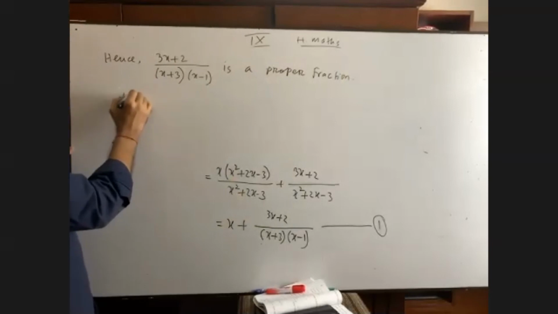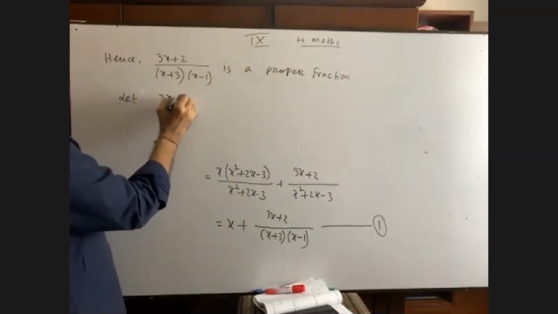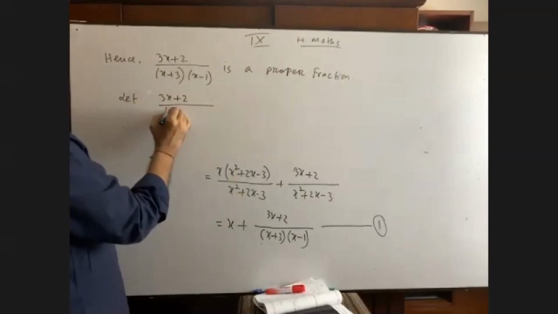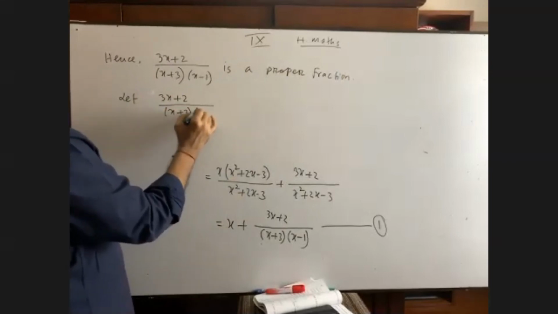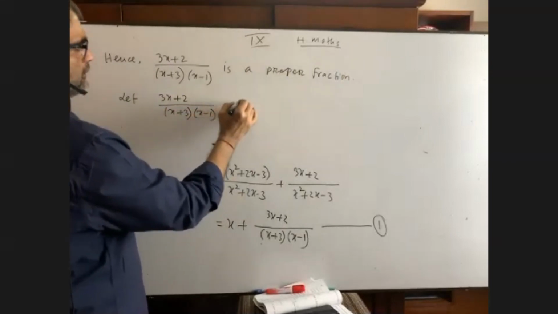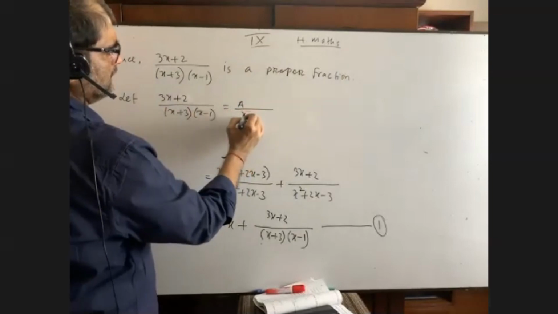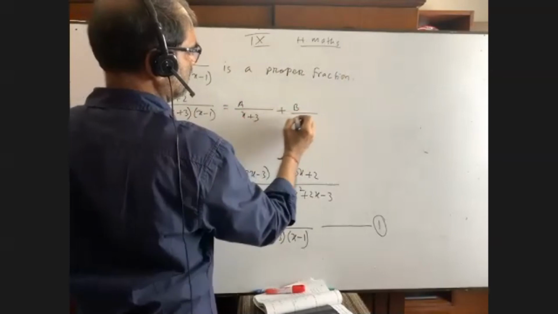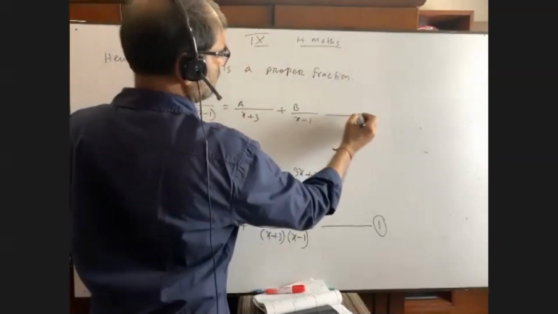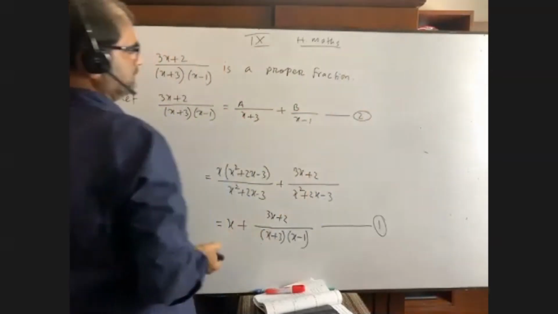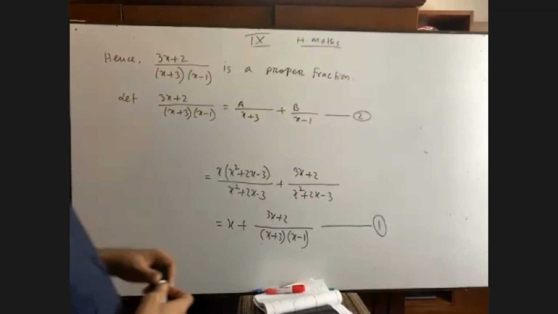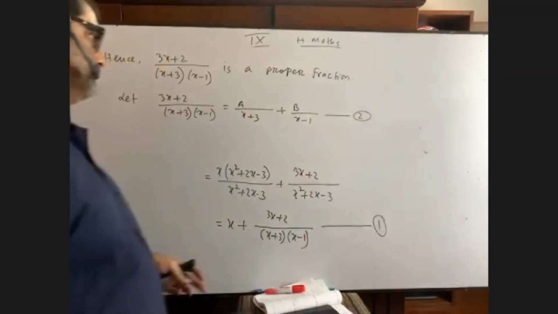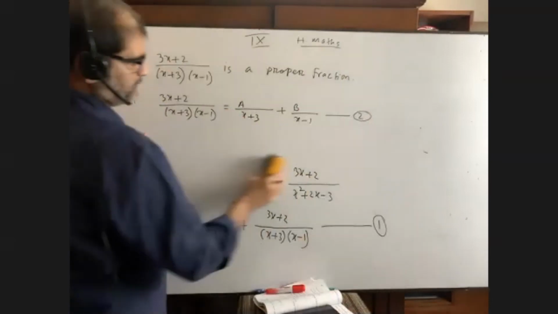Let 3x plus 2 by x plus 3 x minus 1 is equal to a by x plus 3 and b by x minus 1. This is 2. Is it okay?